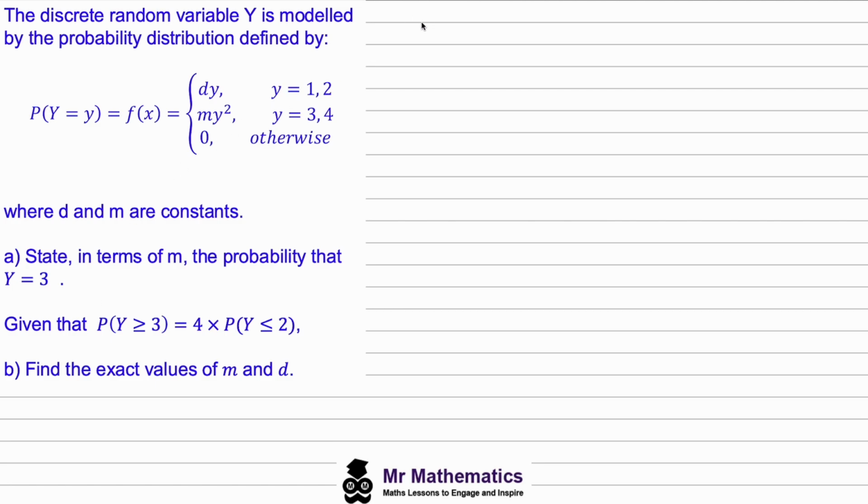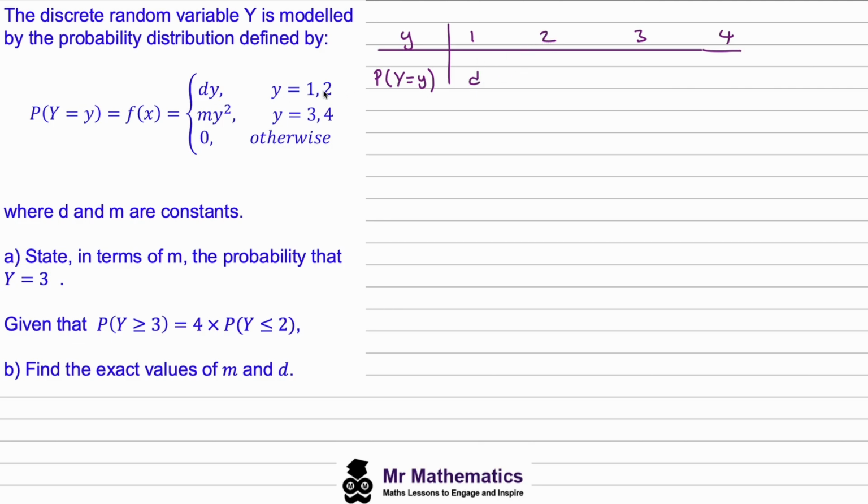If we begin by drawing our distribution table, we've got the observed value y, and then the probability of our random variable equaling that observed value, and y ranges from 1, 2, 3, and 4. When y is 1, we're using dy, so this will just be d.